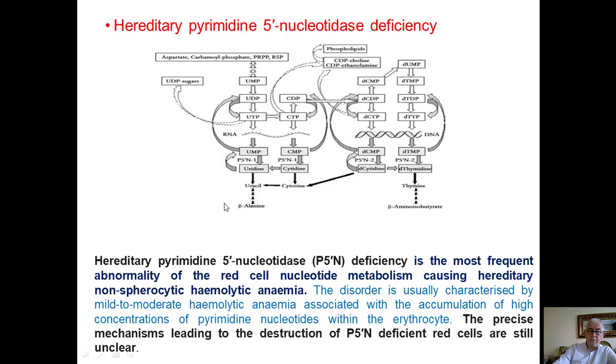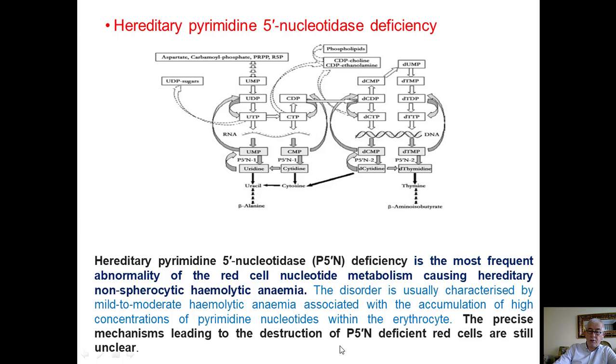Hereditary pyrimidine 5' nucleotidase (5'-NT) deficiency is the most frequent abnormality of cell nucleotide metabolism, causing hereditary non-spherocytic hemolytic anemia. This is a very important problem for patients.